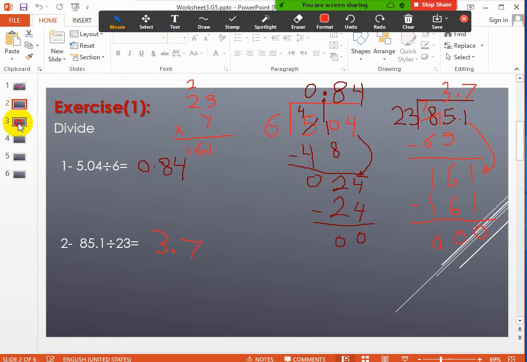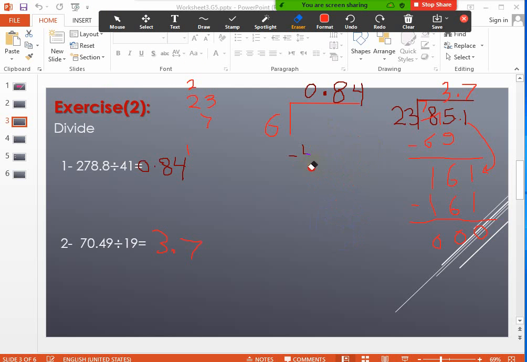Okay, let's move now to the next exercise. Now I want to divide here. Now the first one.